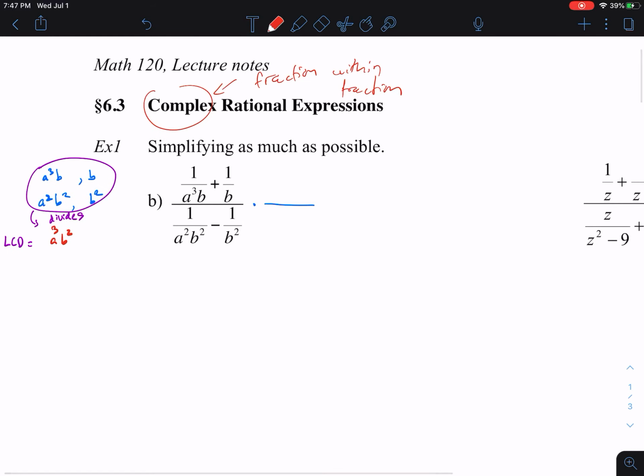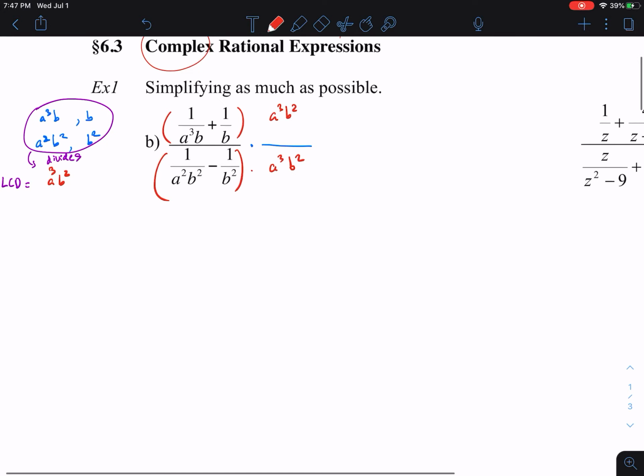We want to multiply the numerator and denominator by a to the third b squared. This factor is a 1, so we're not changing the value of the fraction. We multiply by the grand LCD that will guarantee to cancel the numerator and denominator fractions. So let's do this.